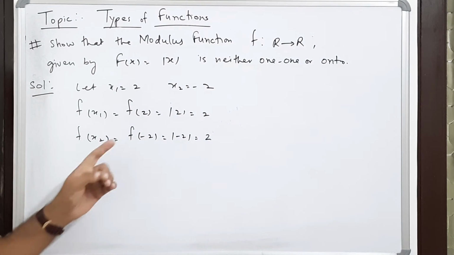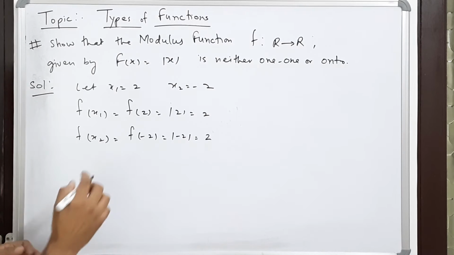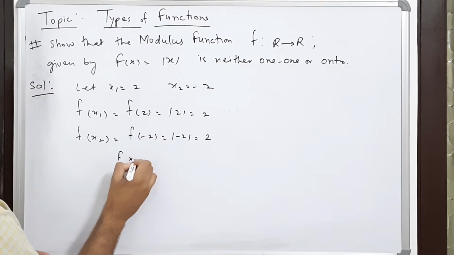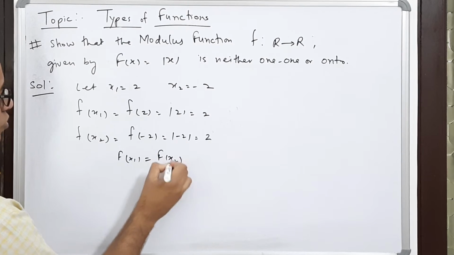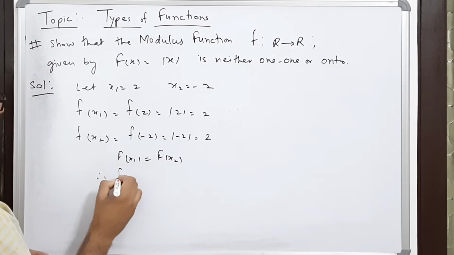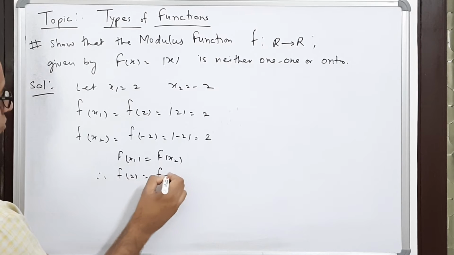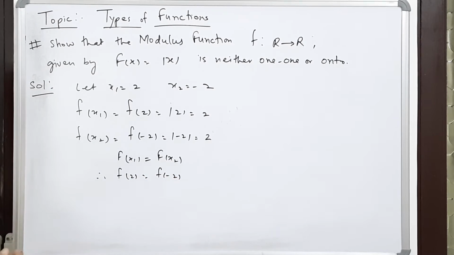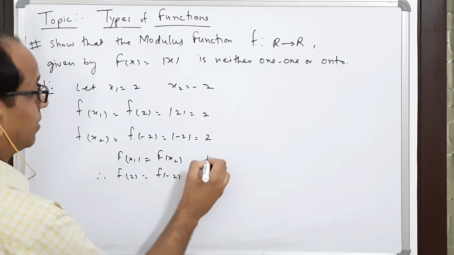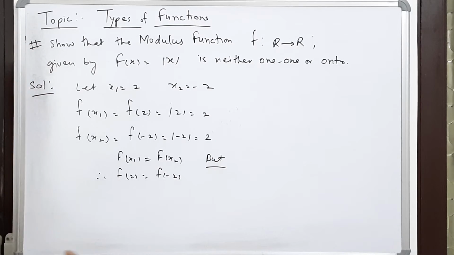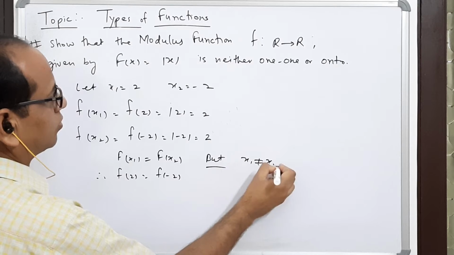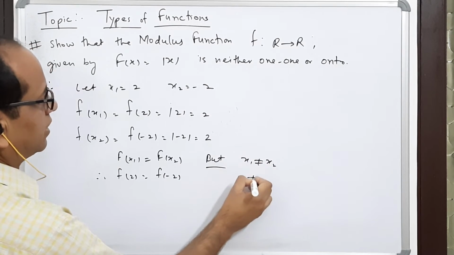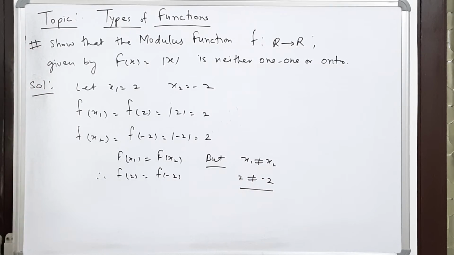Now what do you observe? You observe that f(x1) is equal to f(x2) because f(2) is equal to f(-2). But, a big but, x1 is not equal to x2 because 2 is not equal to -2.